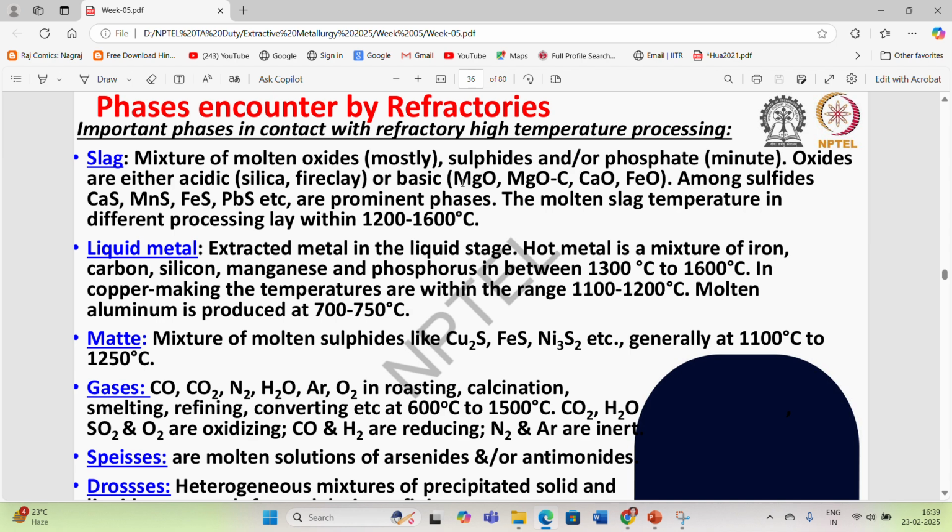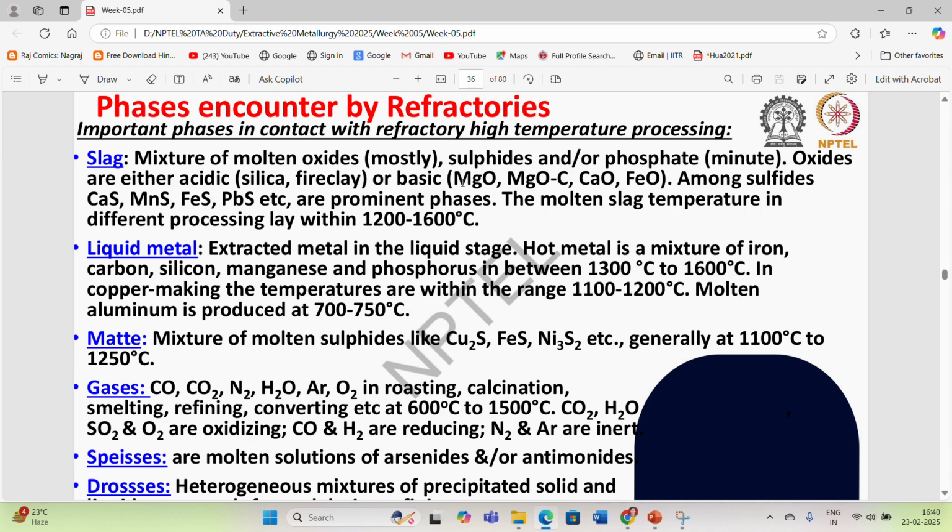So based on the liquid metal requirement and its particular melting temperature, we are going to decide what type of refractory material we are going to use in a particular furnace, because there is no sense in using a 1600 or 2000 degrees Celsius refractory material when we are going for the melting of aluminium, because it generally has a melting temperature of only 700 to 750 degrees Celsius.